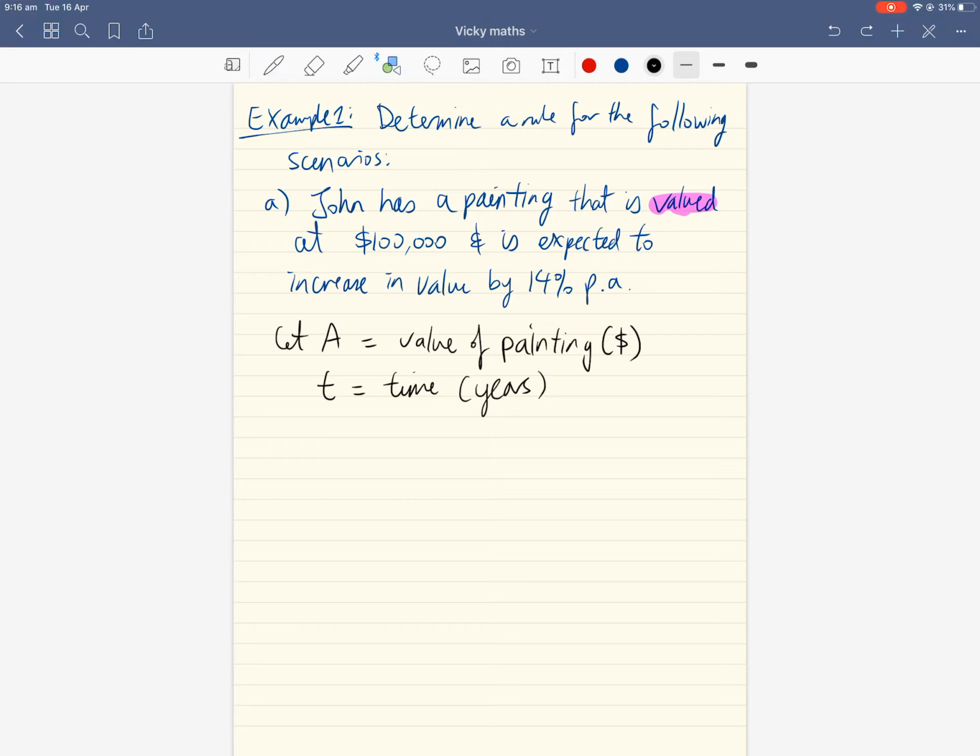So at the top we have time, the value of the painting, and then the ratio. Let's do a few years.